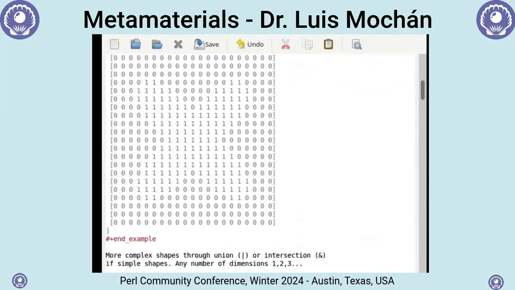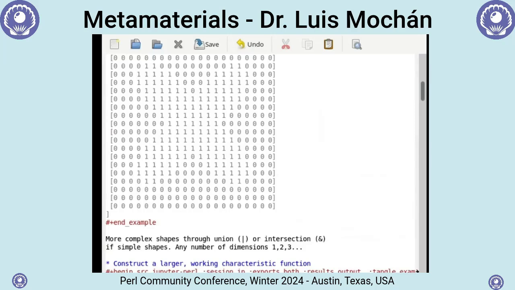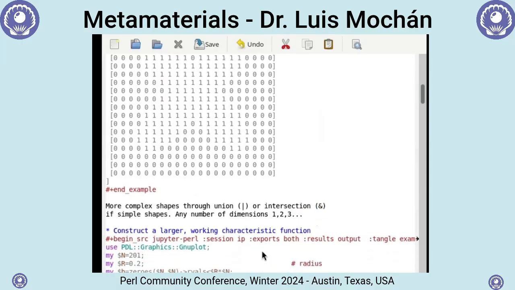So the idea is one can generate simple shapes, and then one can generate complex shapes using the union or the intersection of simple shapes. And one can use the bitwise disjunction and conjunction operators to perform this union and intersection and obtain complex shapes, whatever shape one is interested in.